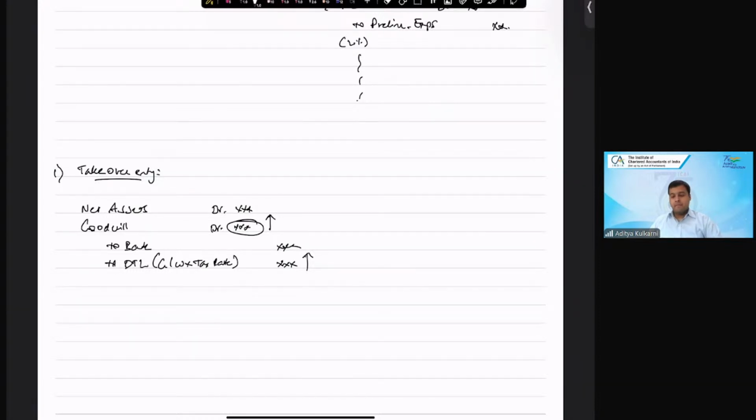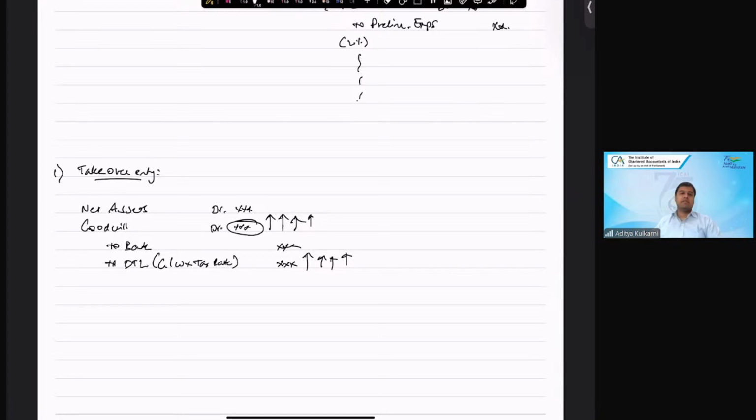Definitely it will change. So if this will change, again my DTL will change. So again the goodwill will change. These two are interdependent on each other. Goodwill changes because it is a balancing figure. DTL will change because goodwill keeps on changing. It gives rise to a circular reference.